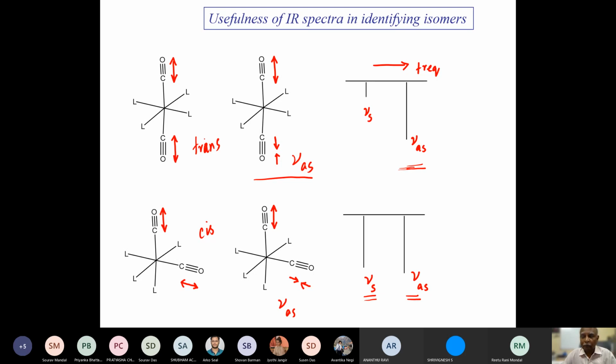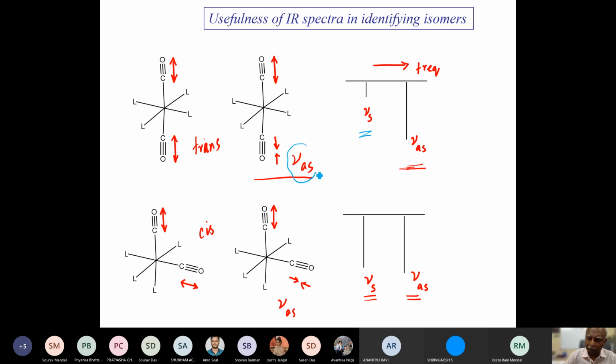So they can have a symmetric stretch if both carbon monoxides are stretching at the same time in a symmetric fashion, going back and forth. And if I have one contracting and the other one expanding at that time, then you have an asymmetric stretch.